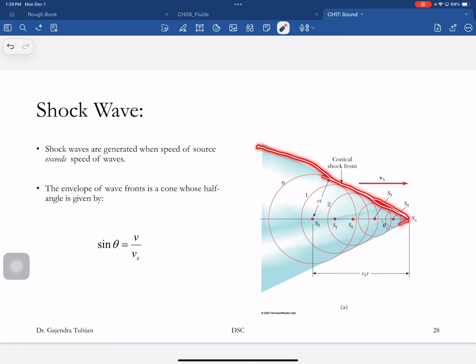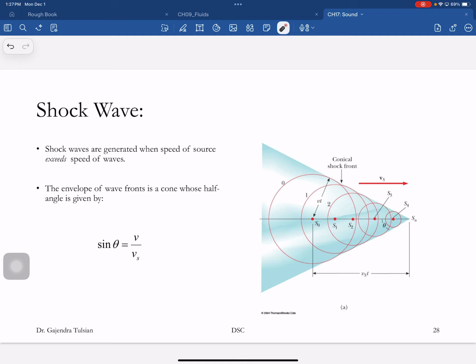And that's the surface of a cone. So if an object is flying faster than the speed of sound, here's a cone, and the object is at the tip, and all this is the high pressure region.